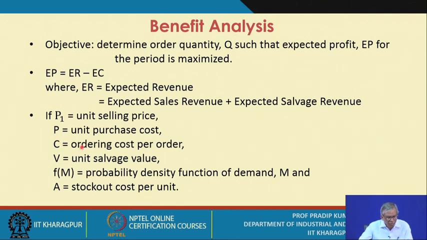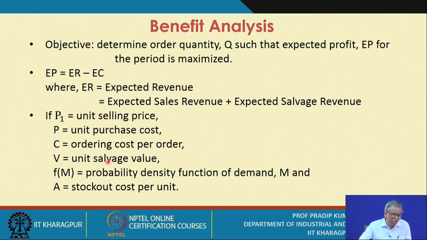So C is the ordering cost per order, V is the unit salvage value. How to determine the salvage value, we will discuss later when we go for excess stock modeling. We will refer to how you determine the best possible salvage value in a given situation.